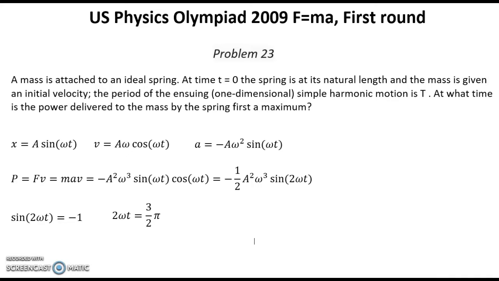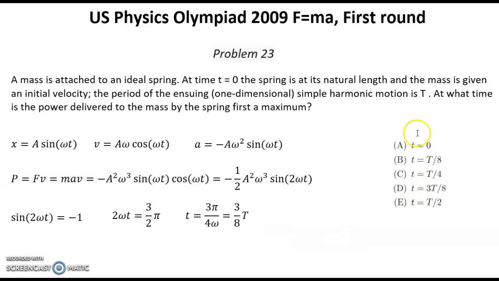And from here we can immediately find the moment when this power has a maximum. This is the solution. So time equals 3 over 8 of the period. Here in these 5 answers, we have to pick the correct one. The correct one is D. Time equals 3 over 8 T.